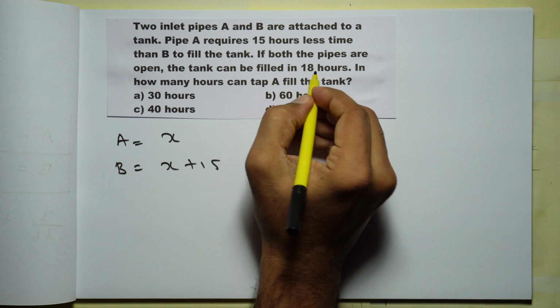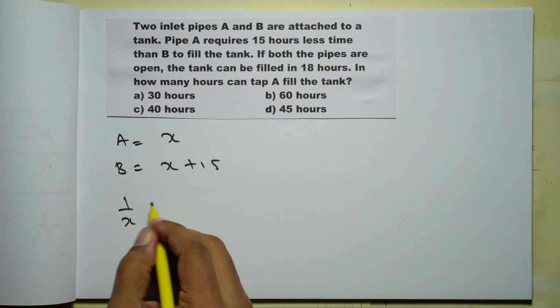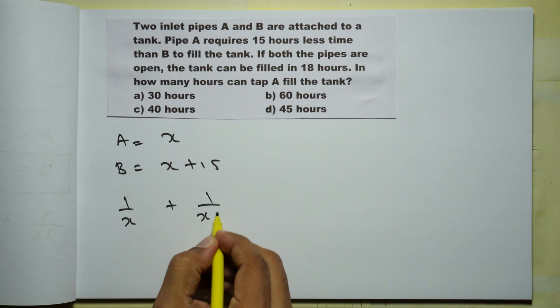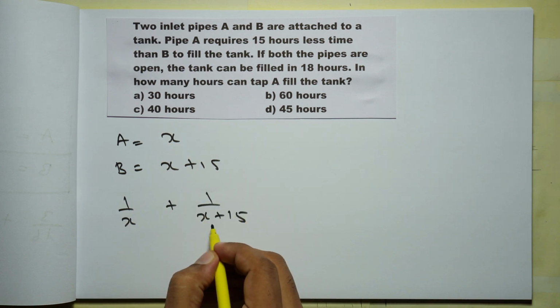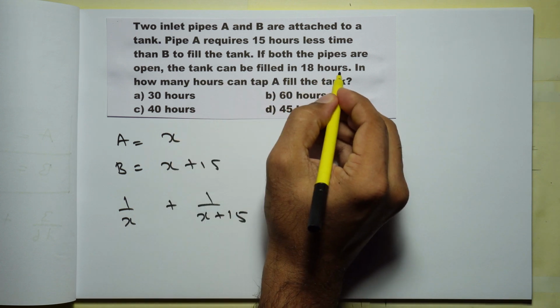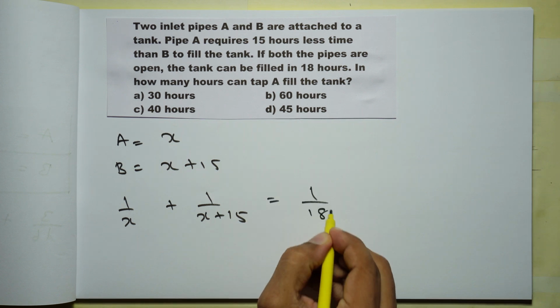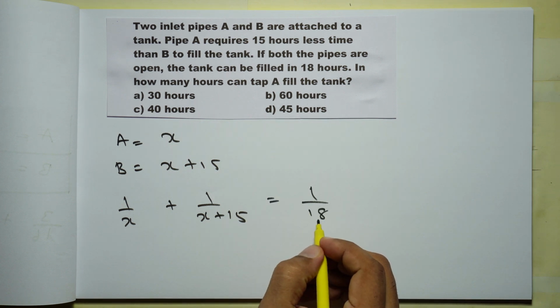Now if both the pipes are opened, A will fill 1 by X part of the tank and B will fill 1 by X plus 15 part of the tank. And if both the pipes are opened, the tank can be filled in 18 hours, which means every hour 1 by 18th of the tank will be filled.